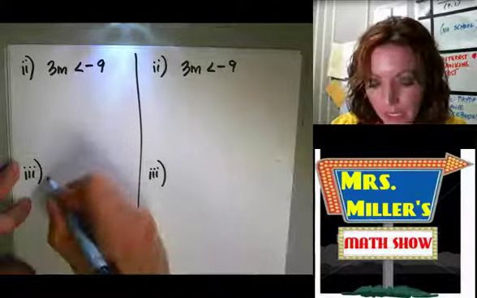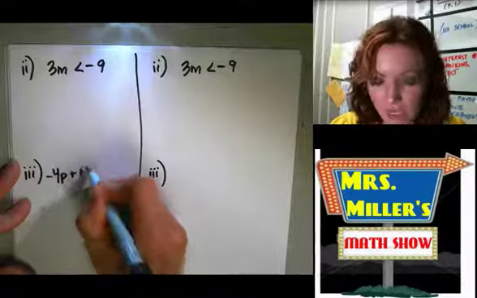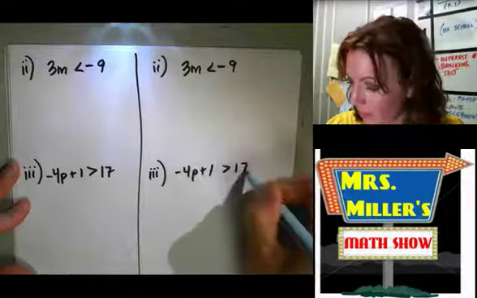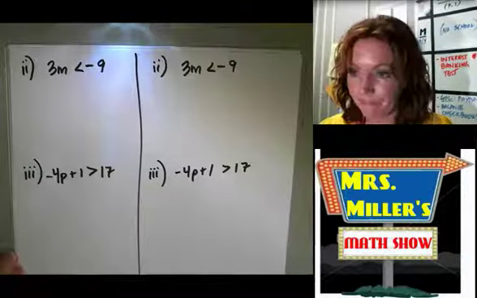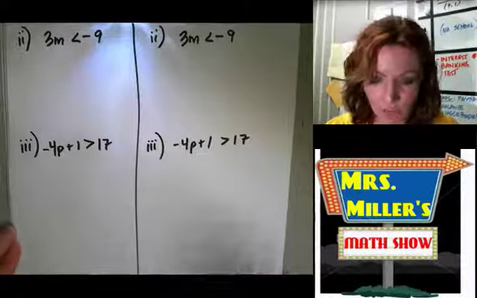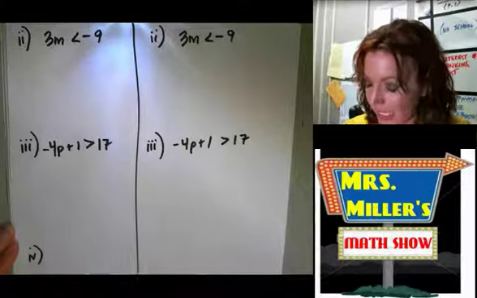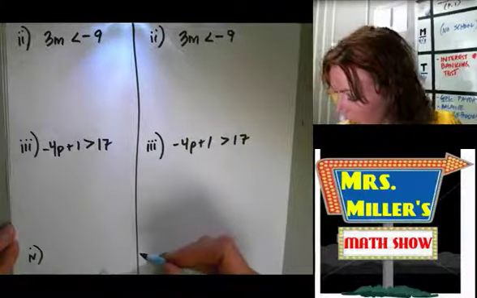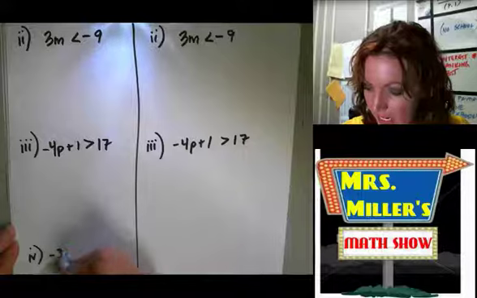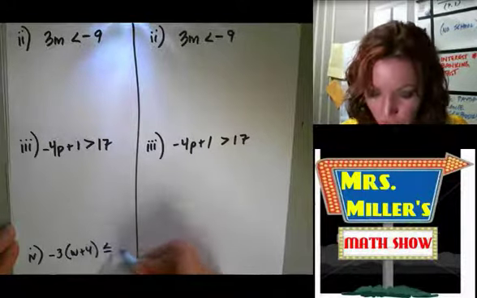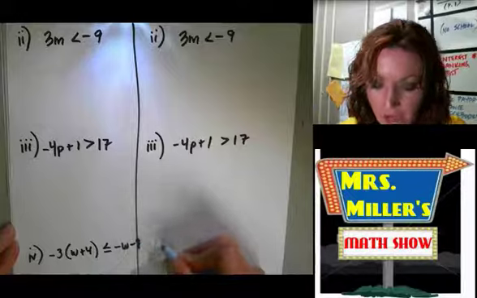Next, negative 4p plus 1 is greater than 17. Let's do one more up here. Last one, negative 3 times w plus 4 is less than or equal to negative w minus 9.